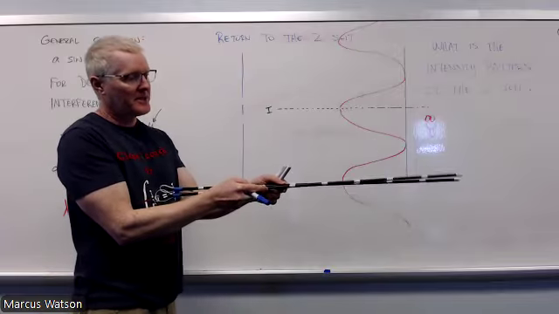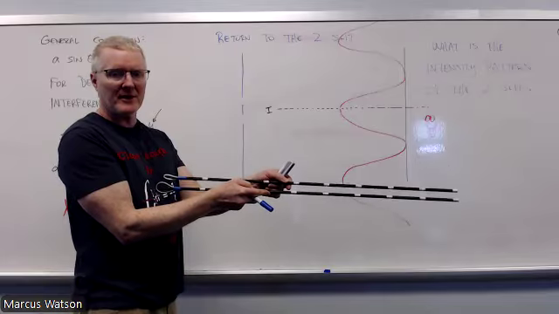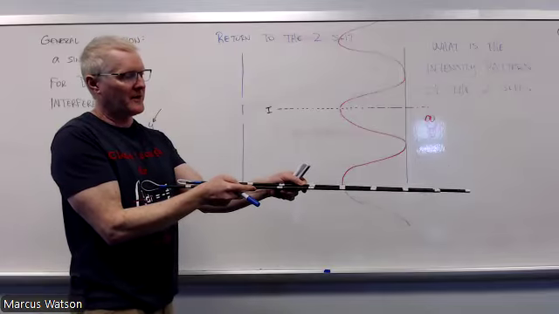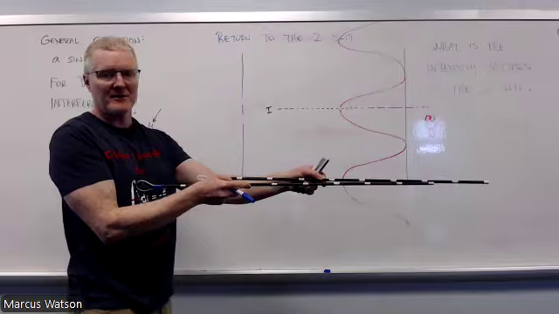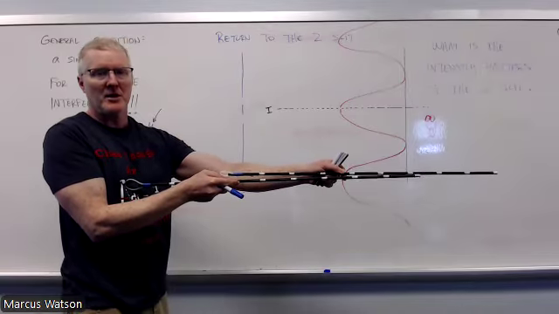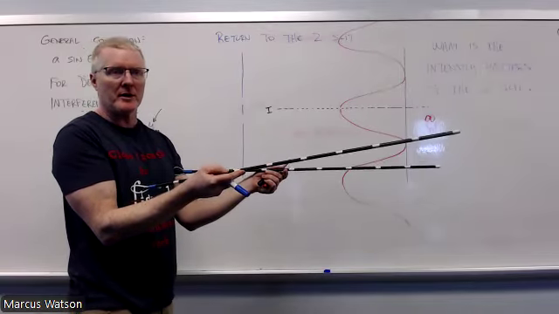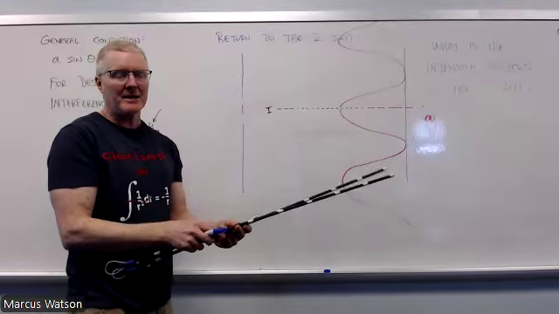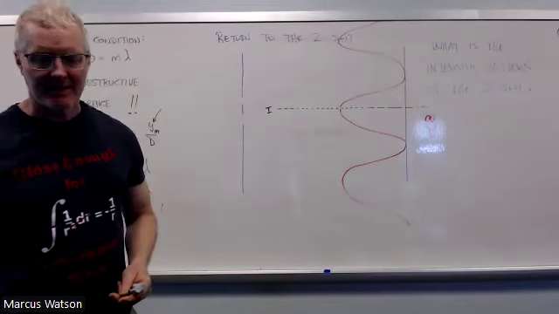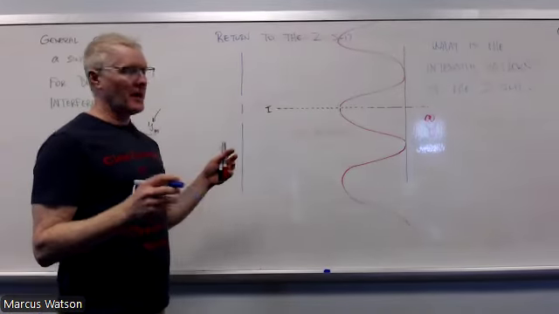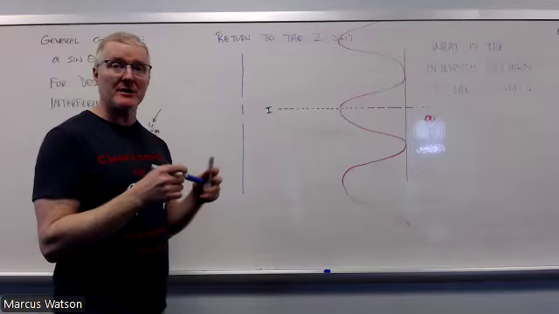In other words, these peaks always line up with one another. As long as the peaks line up, what I'm adding is basically the same amount of intensities every single time.